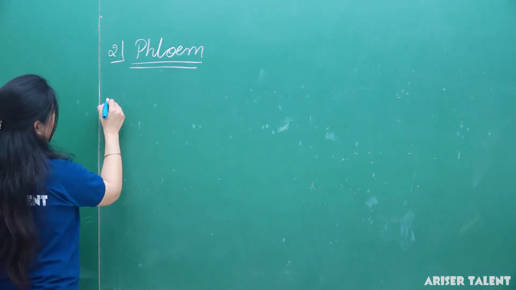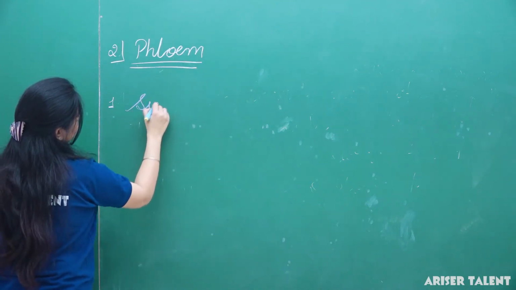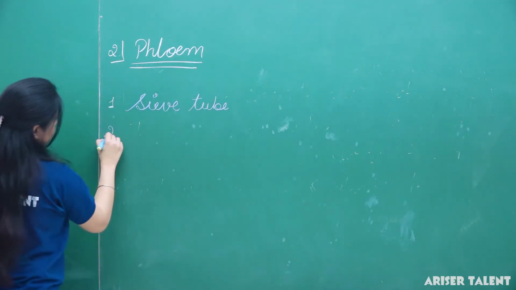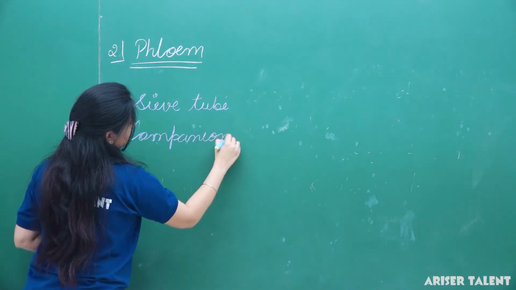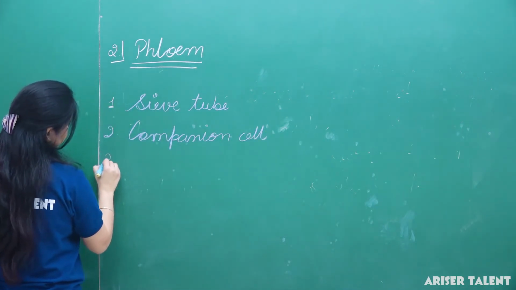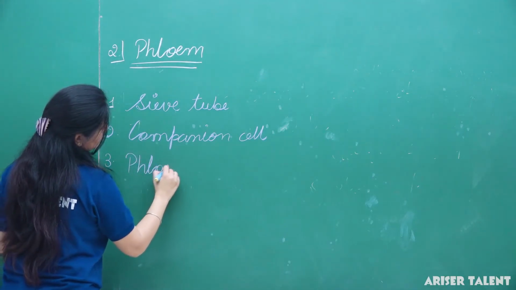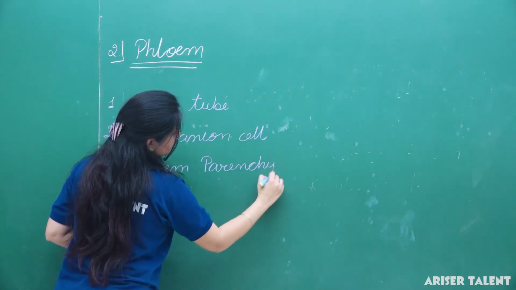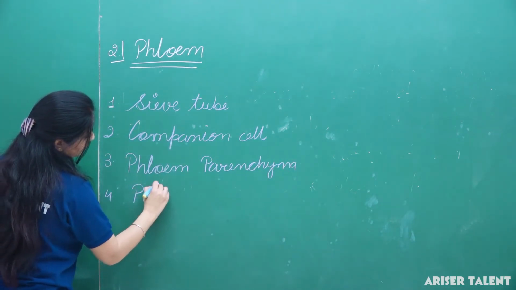It has different parts: number one, sieve tube; companion cell, or we can say companion tissue; another one is phloem parenchyma; and phloem fiber.